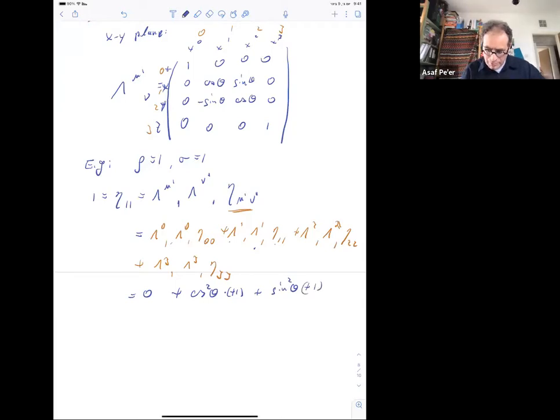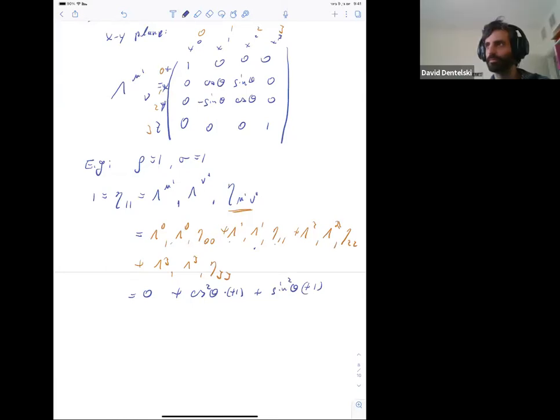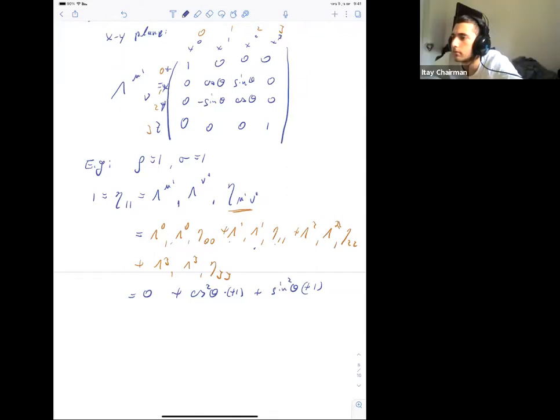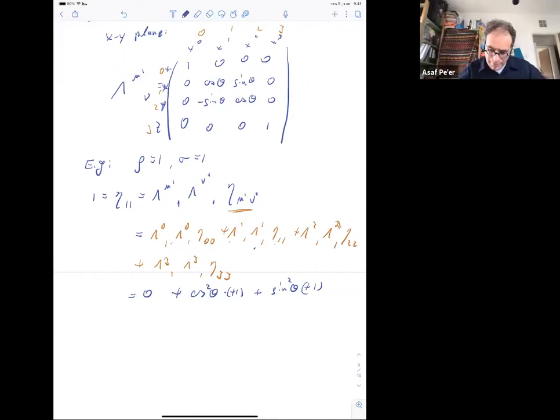What is lambda 3,1? 0. So we have plus 0. So we end up with cosine squared theta plus sine squared theta, which is indeed 1.